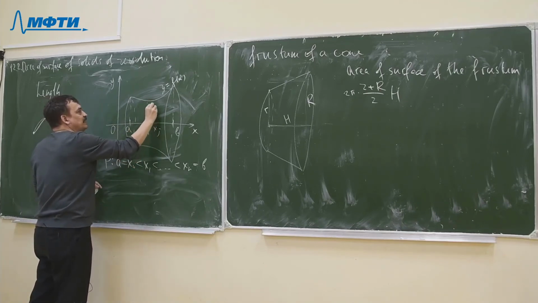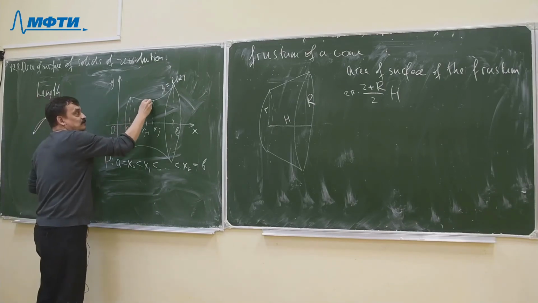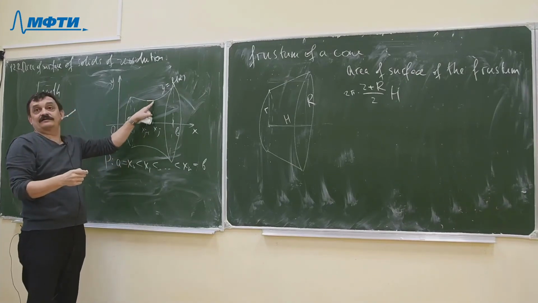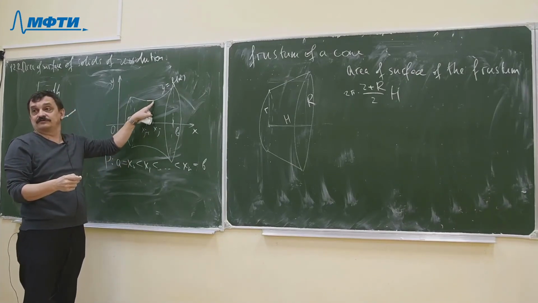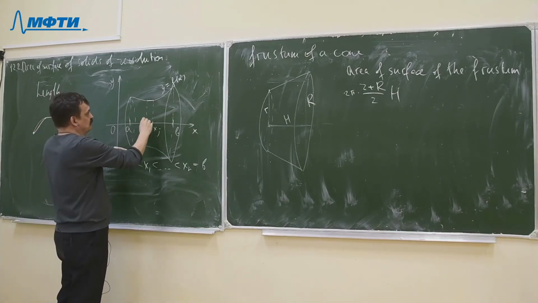And we replace our solid of revolution by a frustum of a cone. Which cone? Of course, we draw a polygonal line inscribed into our graph. And then we rotate it.